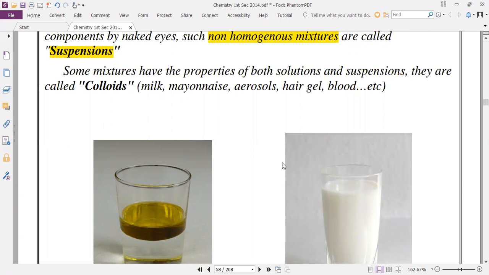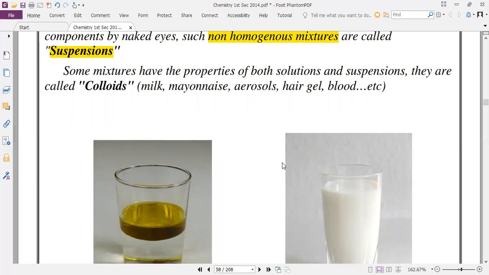Okay. So first we have two types of mixture. Homogeneous mixture, where we can't differentiate between its components, such as sugar or salt in water. On the other hand, we have non-homogeneous or heterogeneous mixture, where we can differentiate between its components, such as sand in water or clay in water.